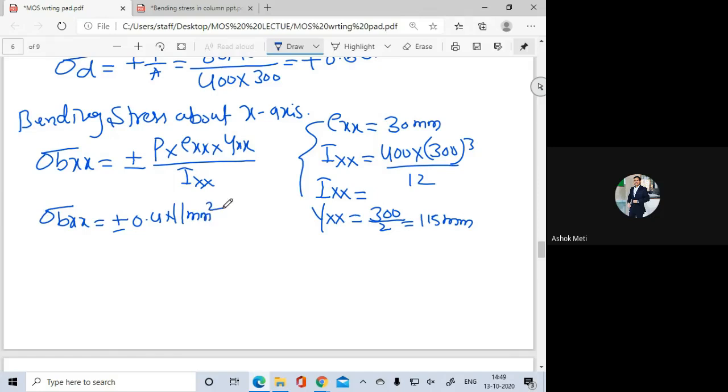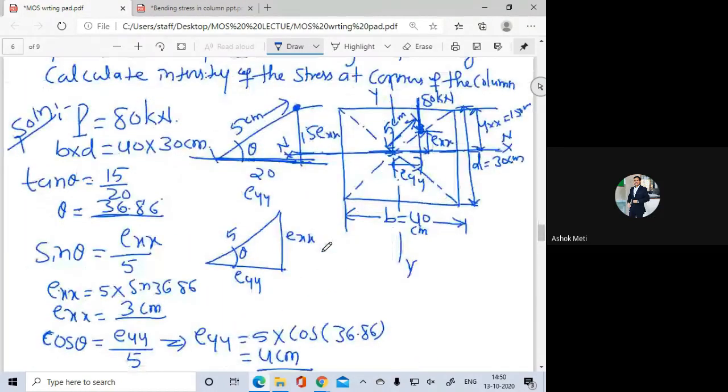So again we are considering here sigma bxx equal to plus 0.4, which is nothing but what? It is the right side. Or you can give naming to this one. So I give the naming A, B, C, D. Here we are calculating with respect to x, so it is the top and bottom, not left and right.